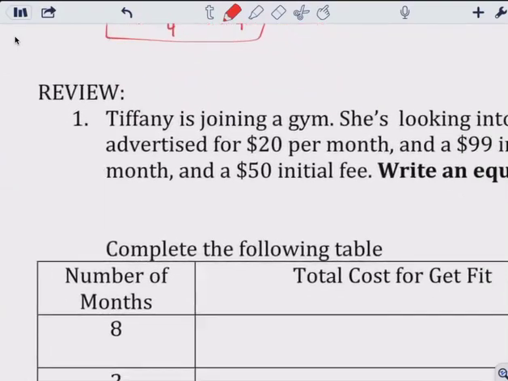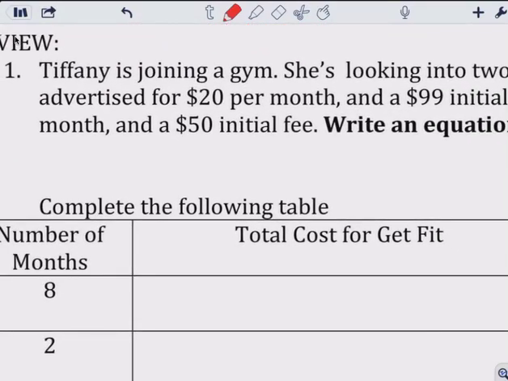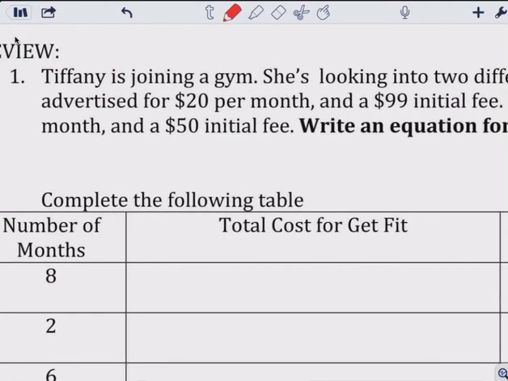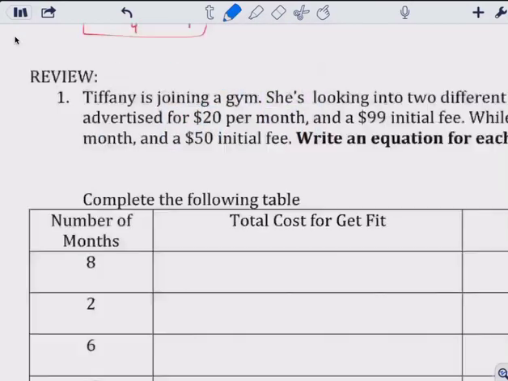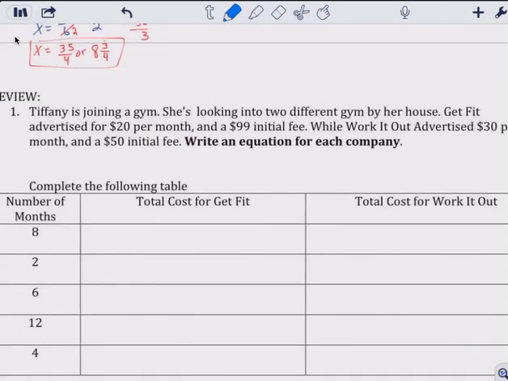Got it? Hey, Tiffany, I got your name on here. Tiffany is joining a gym. She's looking into 2 different gyms by her house. Get Fit advertises $20 per month and a $99 initiation fee.